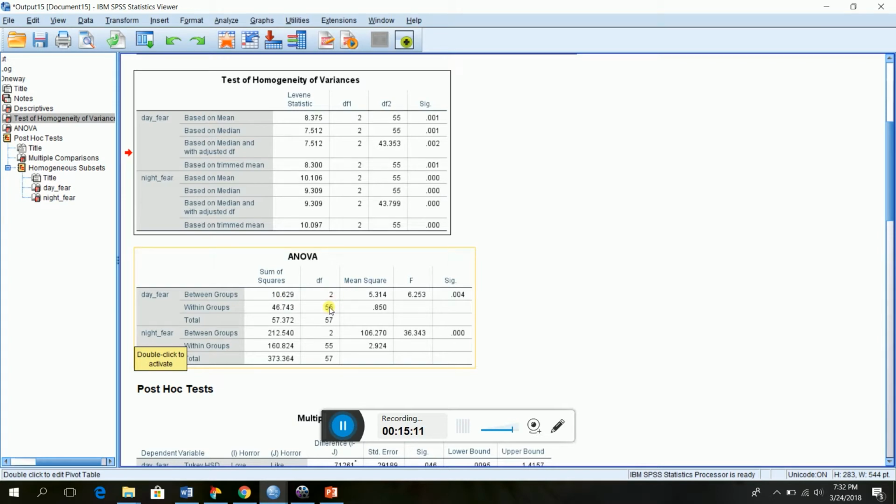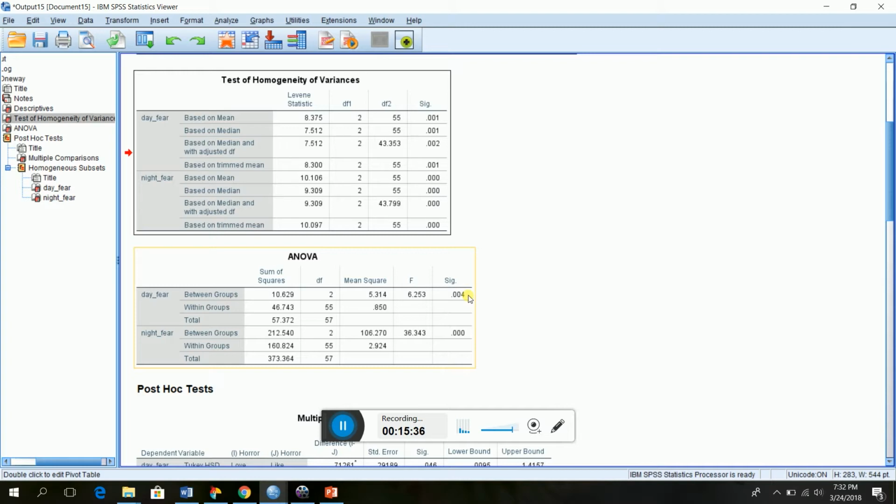The within groups row becomes our error term, and this is the effect we're testing. So we have 2 and 55 degrees of freedom. Here's our F value. And we look over here and we have just found out that the one-way independent ANOVA on movie horror preference is significant for the daytime group.